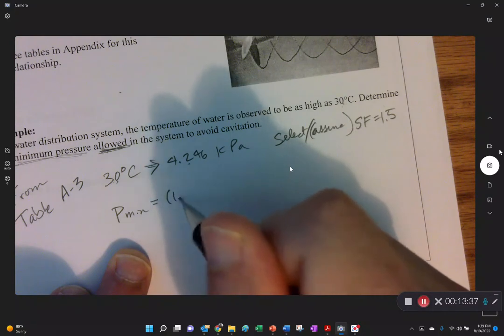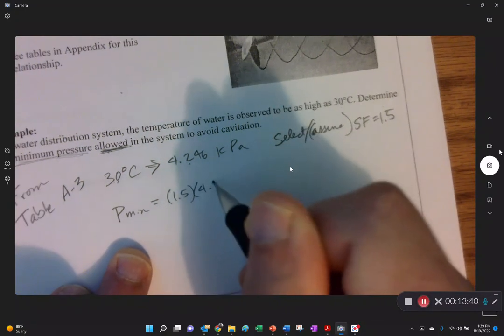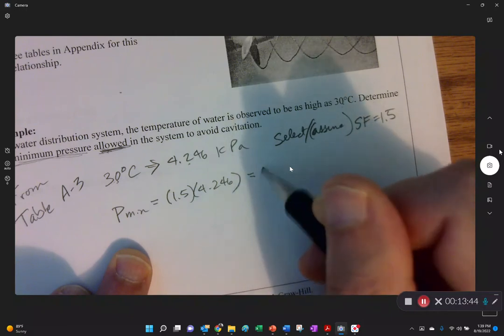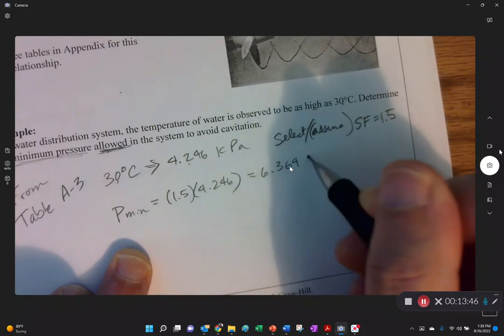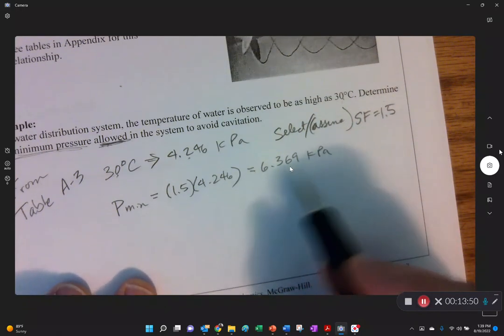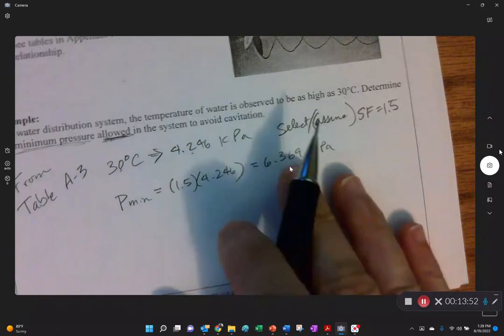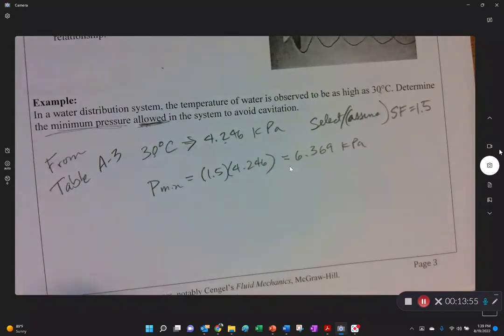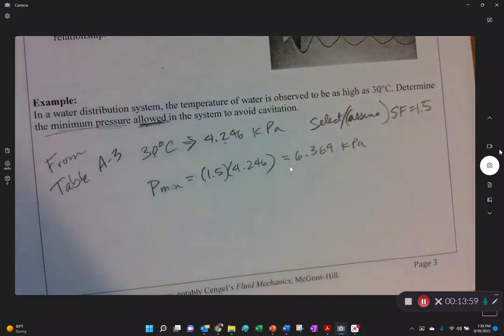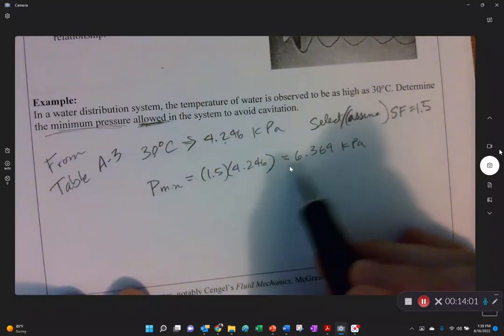So I'm just going to take 1.5 and the 4.246 and say that ends up with 6.369 kilopascals. But it doesn't make sense to post that, like a little placard in the system that says do not allow the pressure to go below this level right here. It wouldn't make sense to use that number.